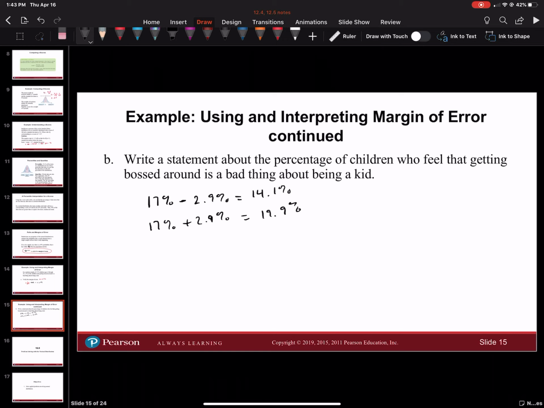So it lies in between 14.1% and 19.9%. Just keep that in mind, because we found the margin of error, and it's between 14.1% and 19.9%.